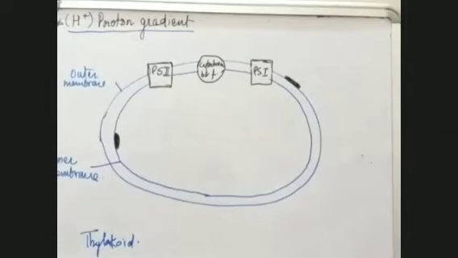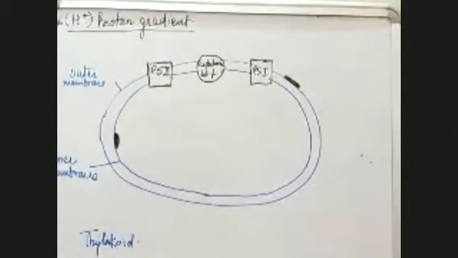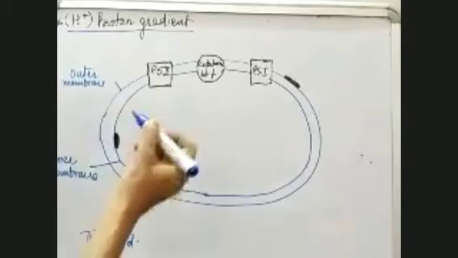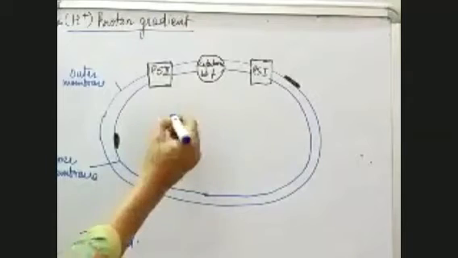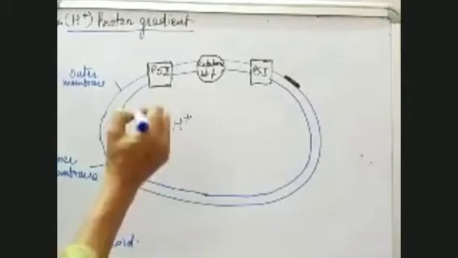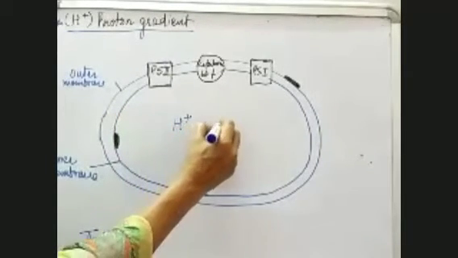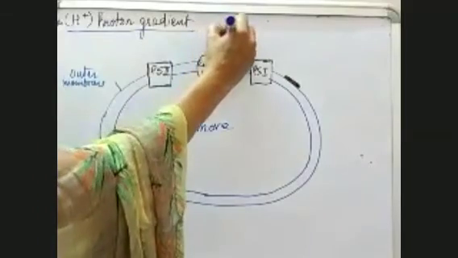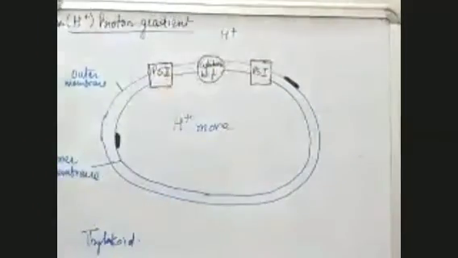Now, what happens in this case? There should be a proton gradient developed. That means the number of protons inside this lumen should be more as compared to protons which are present in the stroma.